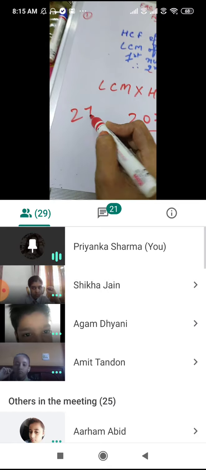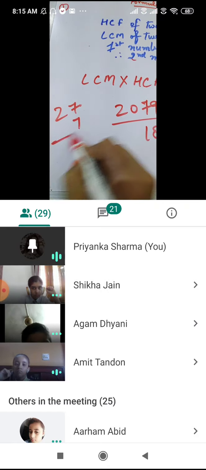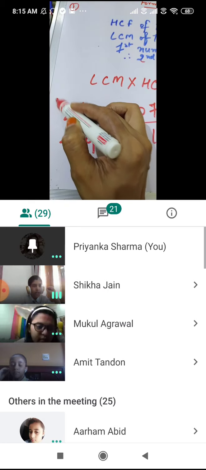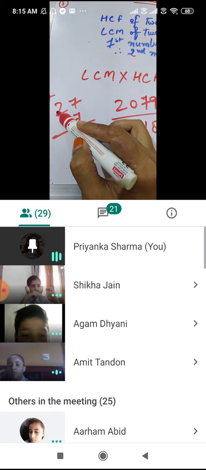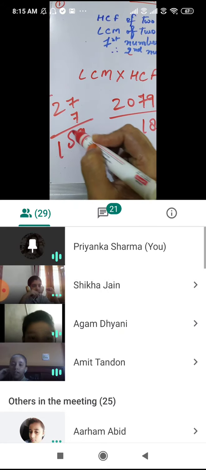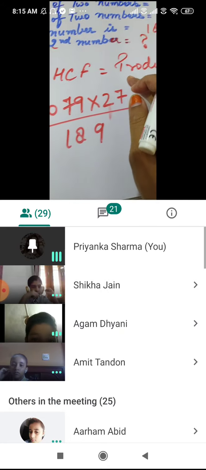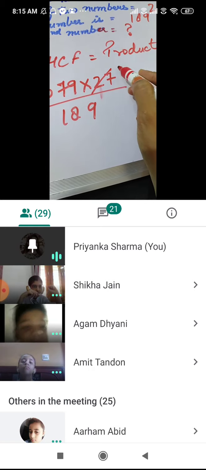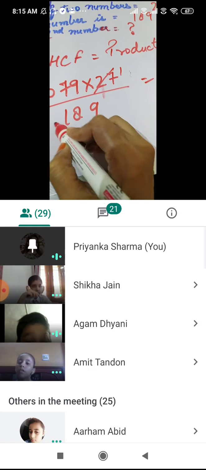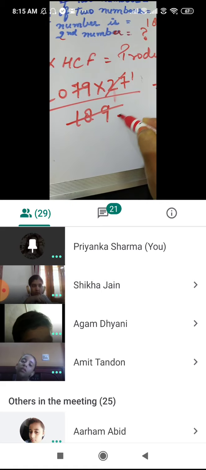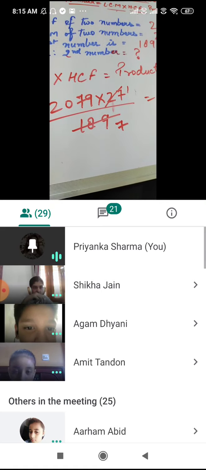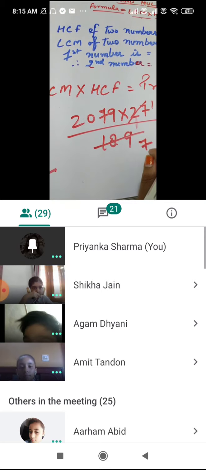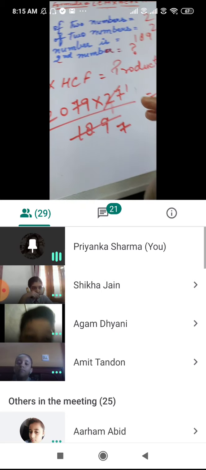Let's multiply 27 by 7 and see. 7 sevens are 49. 4 here. 7 twos are 14. 14 plus 4, 18. That means we can divide 27 and 189 directly. That means 27 ones are 27 and 27 sevens are 189. This has gone directly. Now this 7 and this number we can divide.